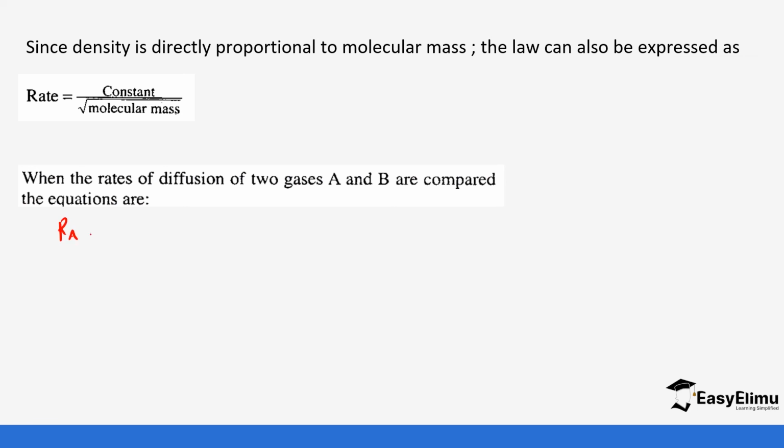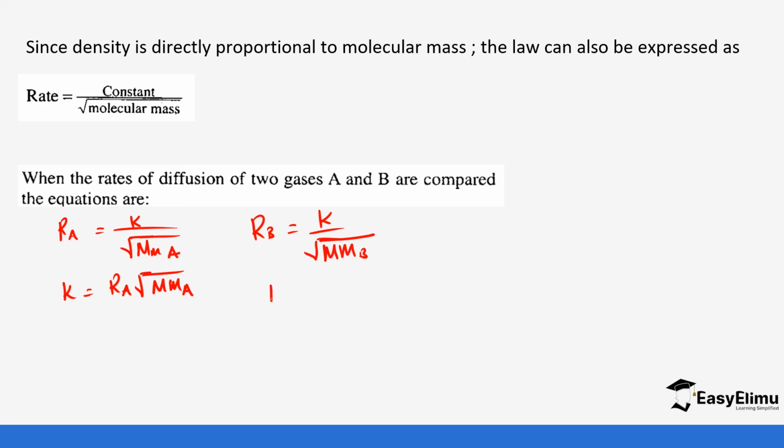The rate of A is equal to the constant over the square root of the molecular mass of A. To be left with the constant on one side, it is the rate of A times the square root of the molecular mass of A. For another gas, the rate of B is the constant over the square root of the molecular mass of B, so the constant is the rate of B times the square root of the molecular mass of B.